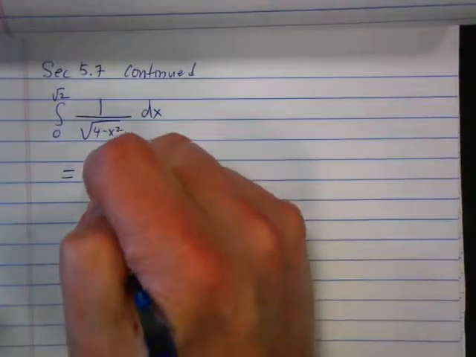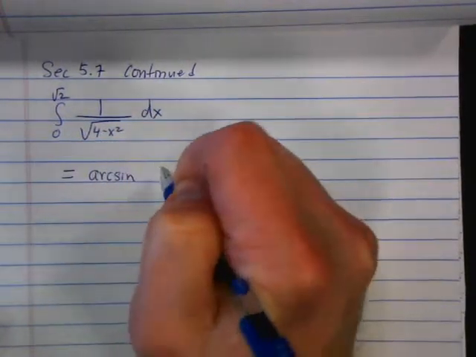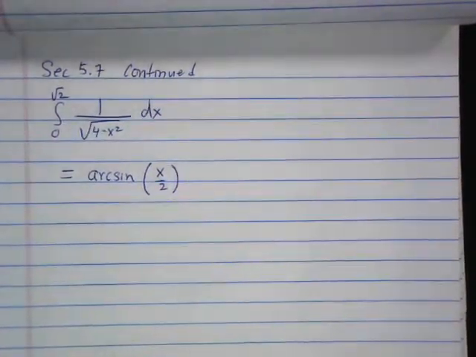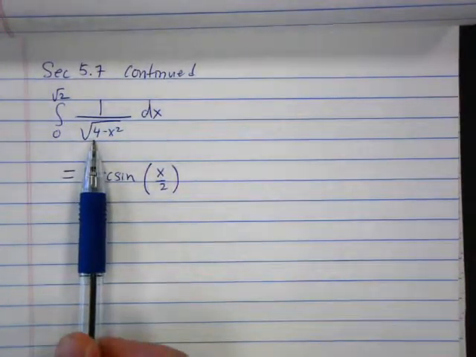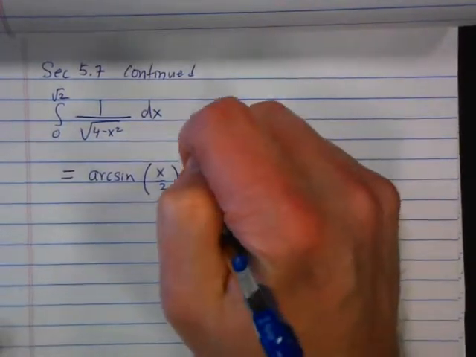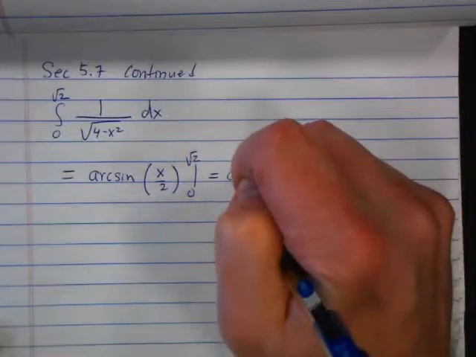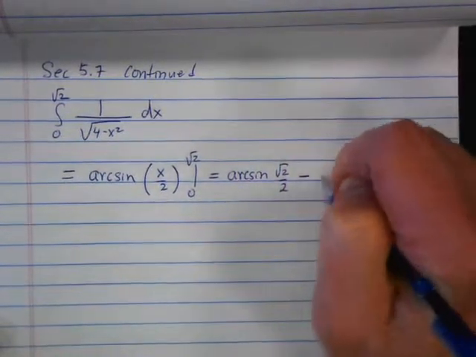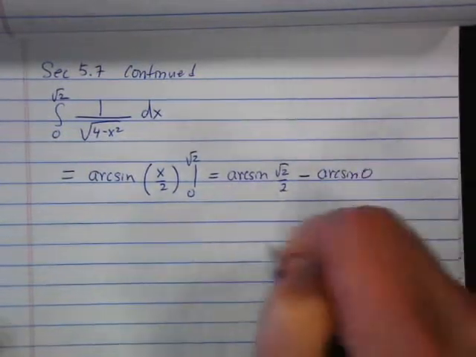So this is going to be arc sine of x over 2, I believe, because a is 2 squared, which gives 4. And then we plug in our numbers, 0 and square root of 2. So we have the arc sine of the square root of 2 over 2 minus the arc sine of 0.